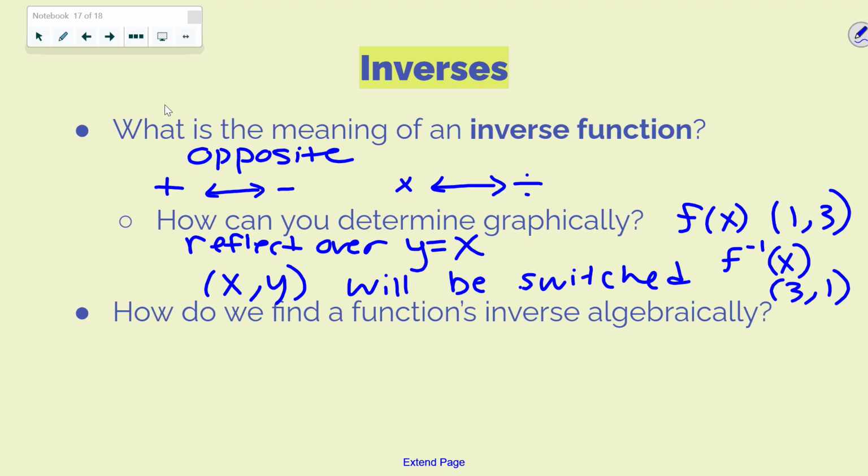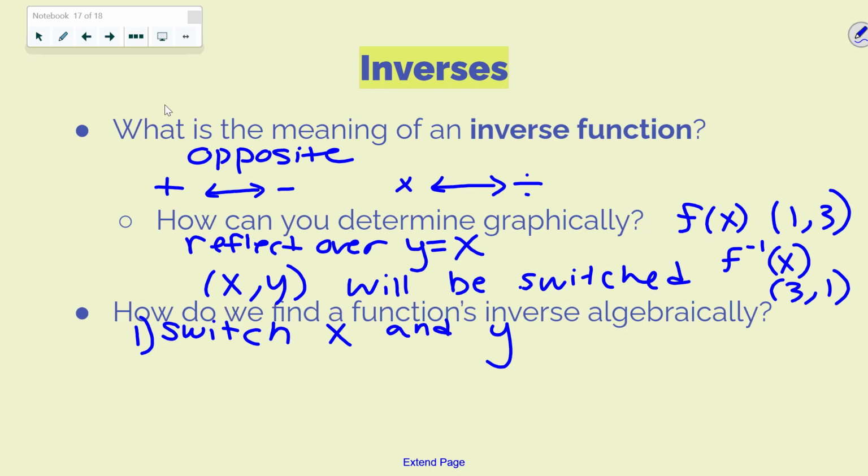So how do we find a function's inverse algebraically? Well, let's think. What was our whole idea that we just talked about? Your x and y will be flipped or switched. So that's going to be step 1. Finding it algebraically, you're going to switch or swap x and y. So if I'm swapping x and y, something like y equals 2x minus 5 would become x equals 2y minus 5.